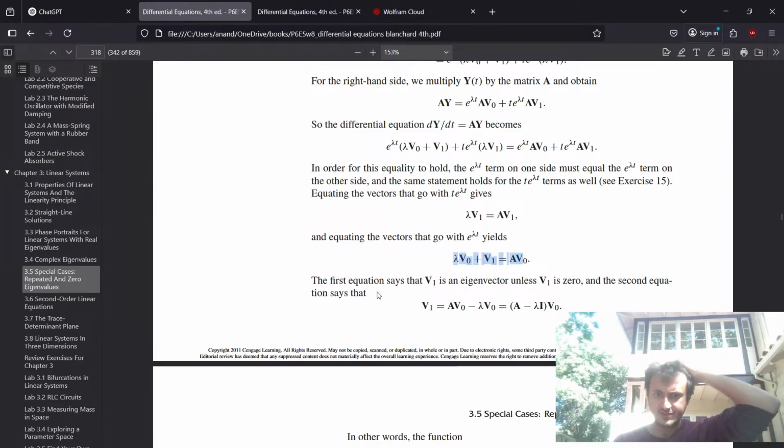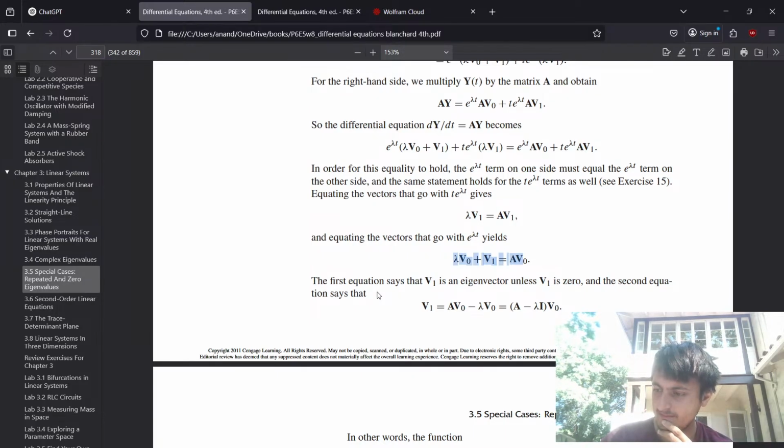The first equation says that v1 is an eigenvector unless v1 is 0. So v1 must be an eigenvector unless 0.